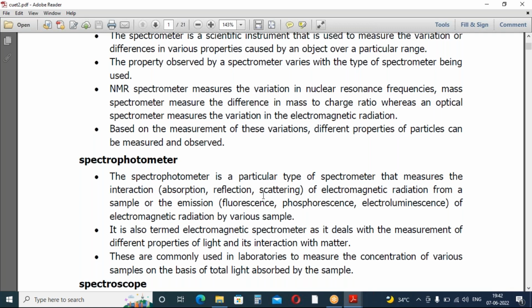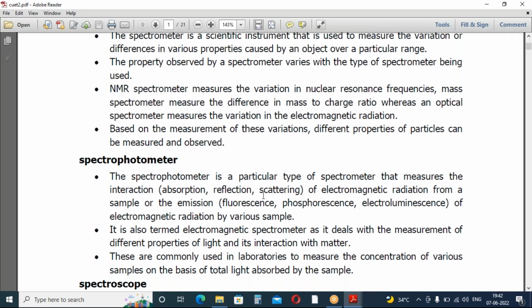Okay, and the spectrophotometer mainly depends upon some parameters or types of interaction called absorption, reflection, and scattering. Absorption means the amount of light absorbed by the particle.